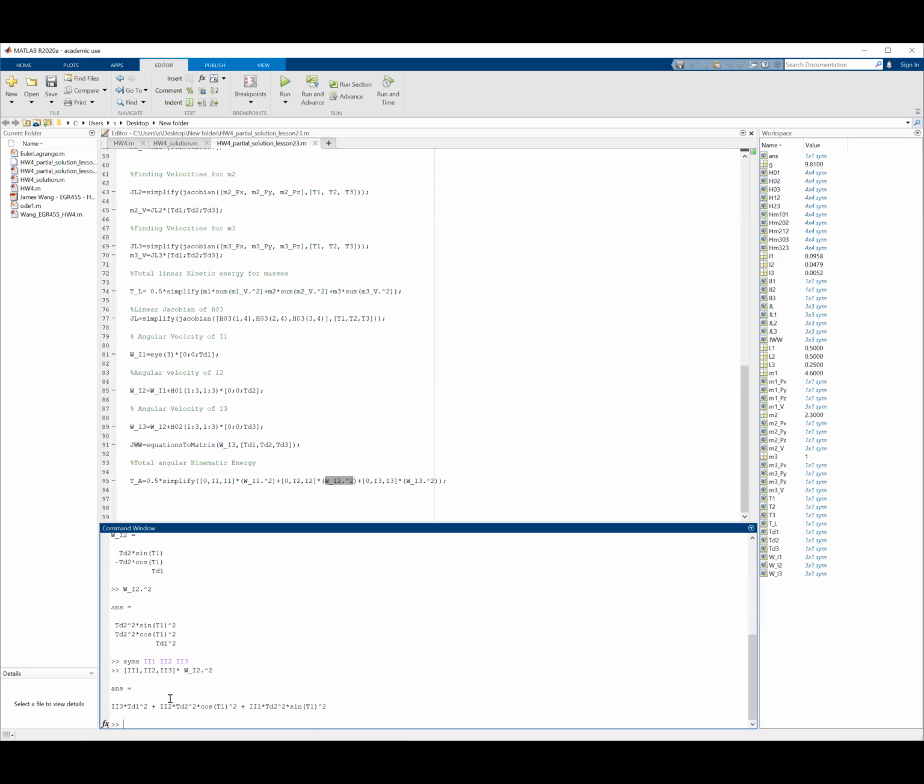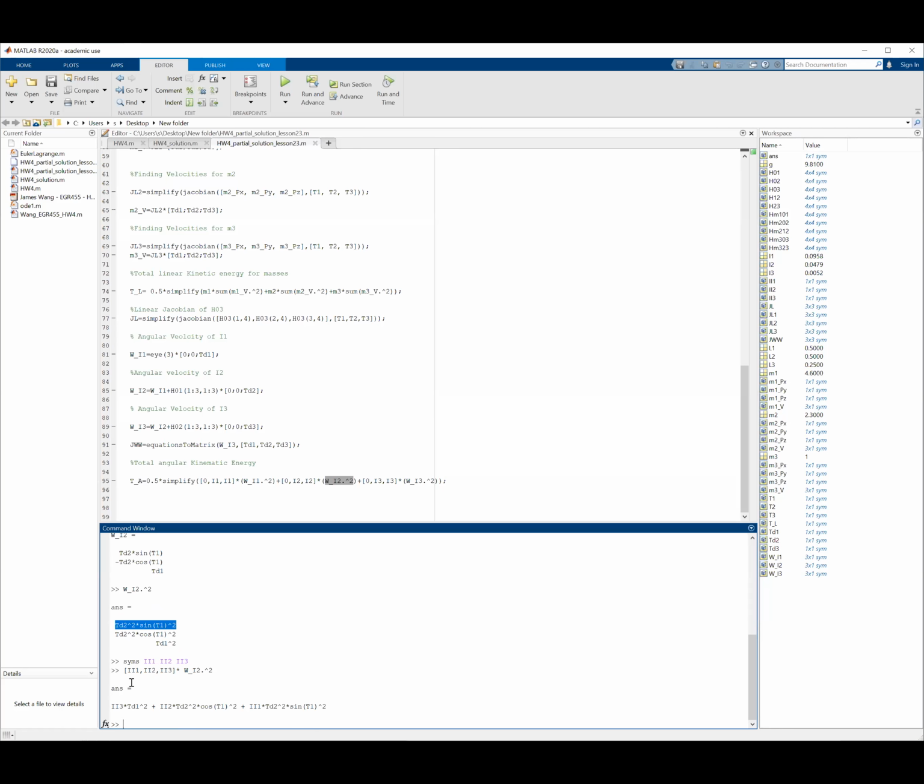So now check what happened: II3 got multiplied with TD1 square, II2 got multiplied with this, and II1 got multiplied with this.